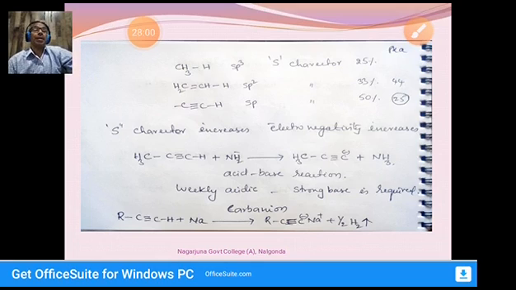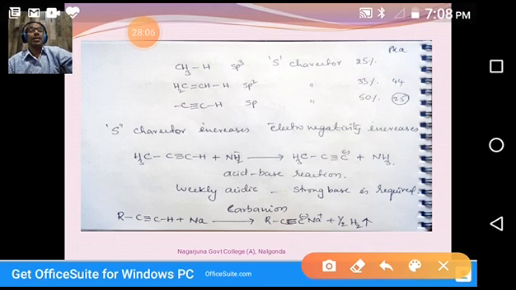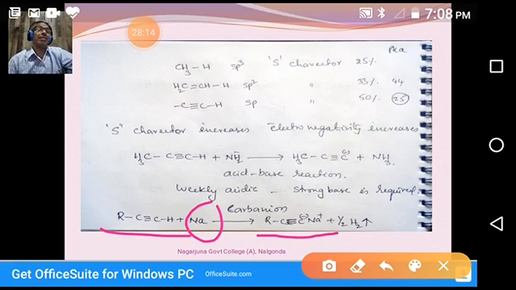Then we see another reaction. When this propyne is reacted with sodium metal, it forms the corresponding carbanion and hydrogen gas. We know that acids, when they react with reactive metals, liberate hydrogen.